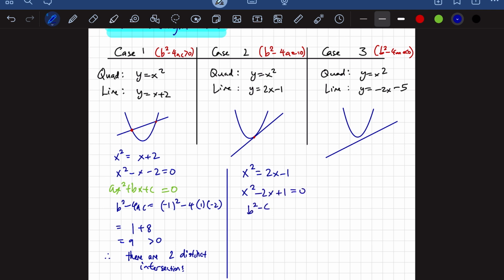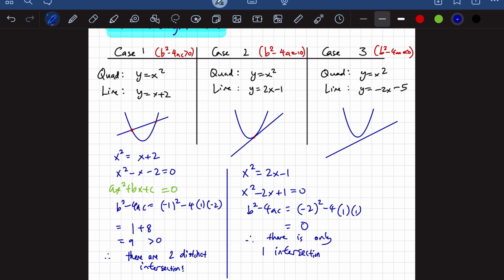We check the discriminant, which is negative 2 squared minus 4ac, and it is in fact 0. So our conclusion is that since the discriminant is equal to 0, there is only one intersection, or one point of intersection.